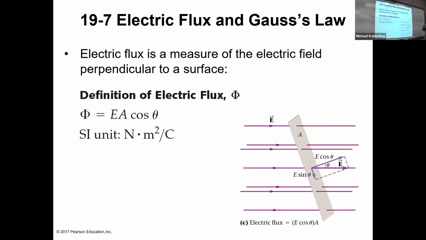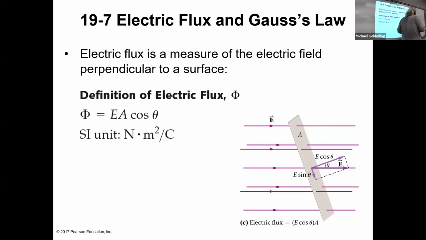So if the surface is perpendicular to the electric field, you get maximum flux. If it's parallel to the electric field, you get zero flux. And the units are Newton meters squared per coulomb.